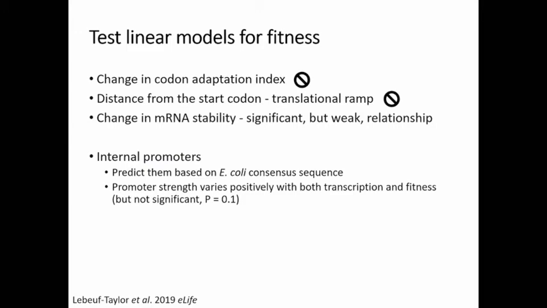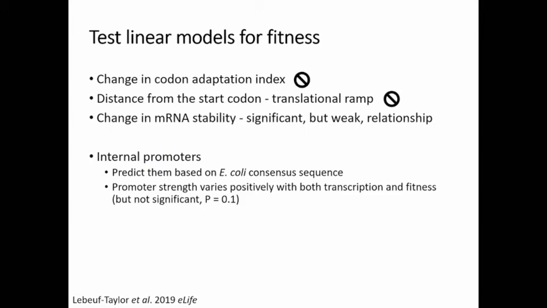Okay. So we went through and we tried to look for internal promoters and see if there were shifts in terms of the promoters and how that might relate to where the specific mutations had occurred and their fitness effects. So we were able to predict a bunch of promoters in the gtsB gene and actually throughout the whole operon itself.